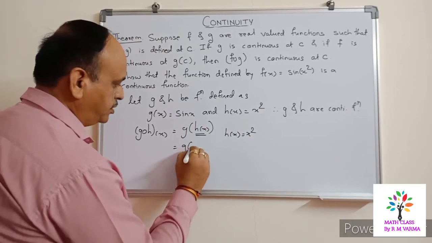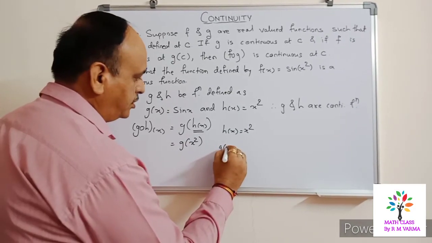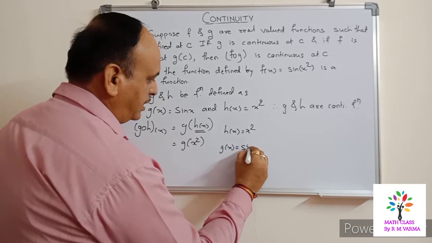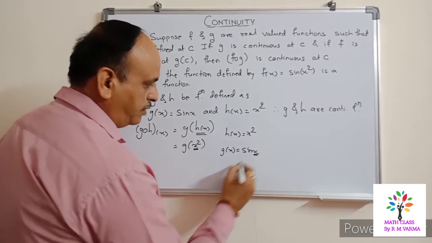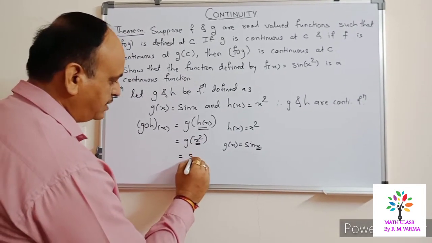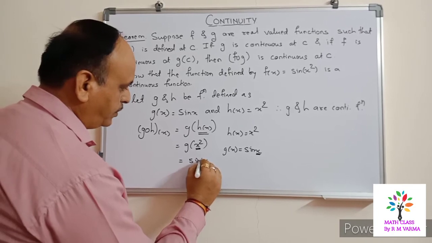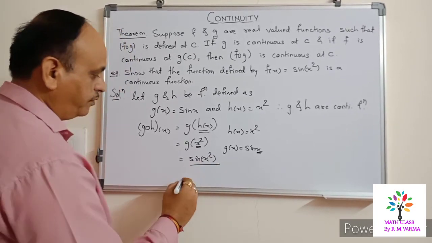So it becomes g of x squared. Now what is g of x? g of x is sin x. So this value is the value of x. Replacing the value, I get sin x squared. Right?